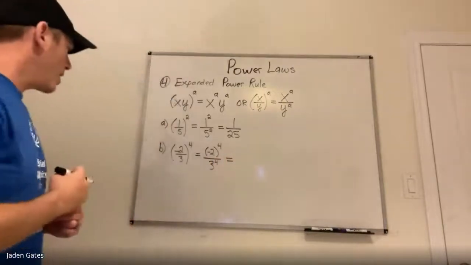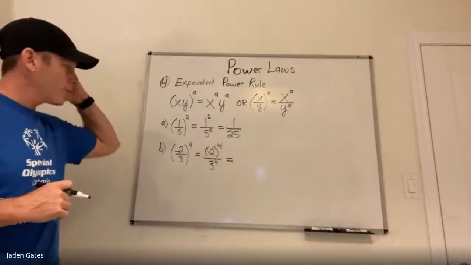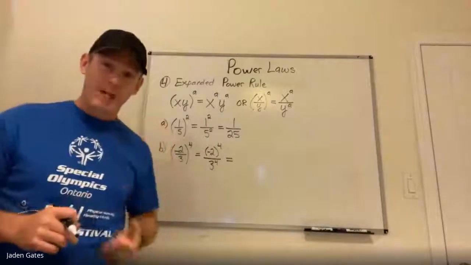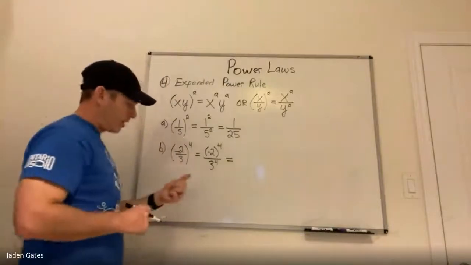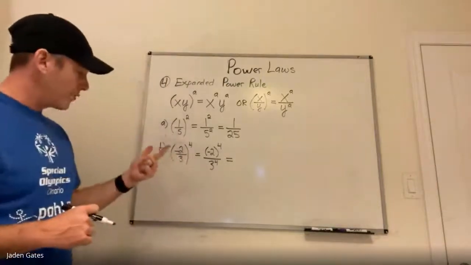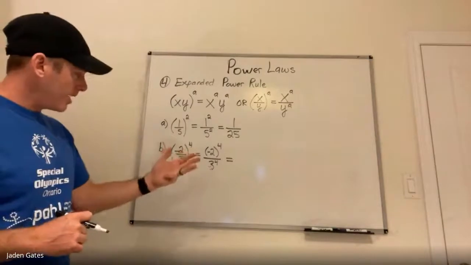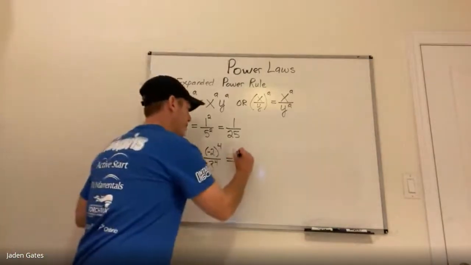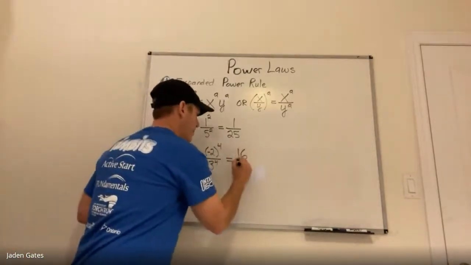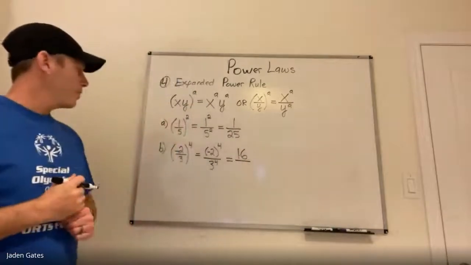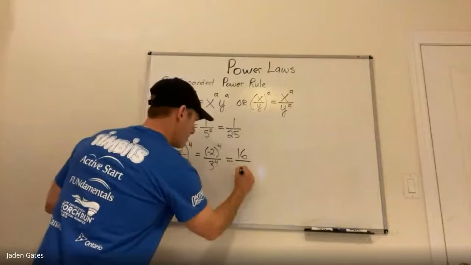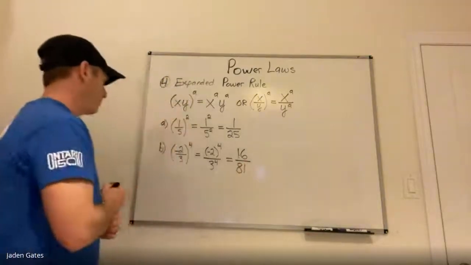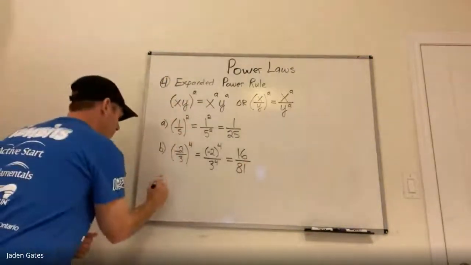All right, so negative 2 to the power of 4. So that's negative 2 times negative 2 times negative 2 times negative 2, which would give me, let's see, negative 2 times negative 2 is a 4, times negative 2 is a negative 8, but times a negative 2 is a positive 16. And then 3 to the power of 4, 3 times 3 times 3 times 3, that's an 81 there.